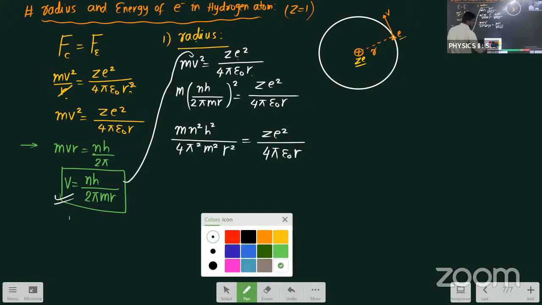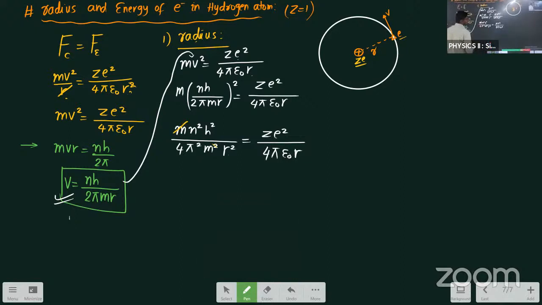Now see here, what are the things that are getting cancelled? This m and square, this 4 and this 4, this pi and this square, and this r and this square are getting cancelled. Now I am taking this r to the right hand side, bringing everything towards the left hand side.